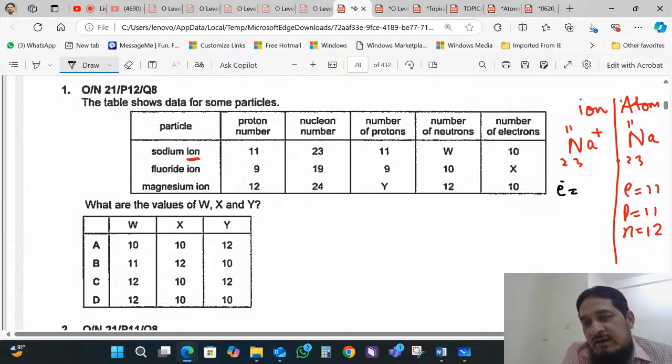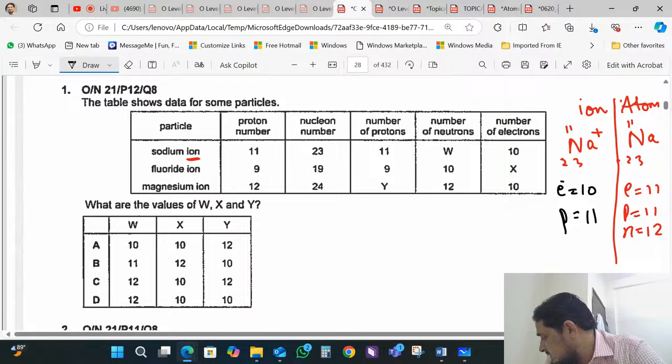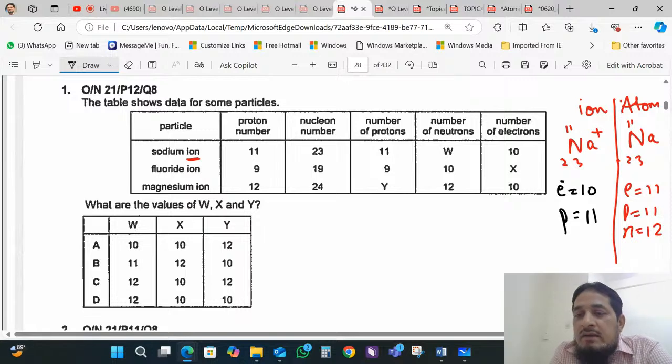So it will have 10 electrons, and the proton number will not change. This will remain the same. If the proton number changes, then it is a different element. And the number of neutrons is going to be 12. So I have written it here.